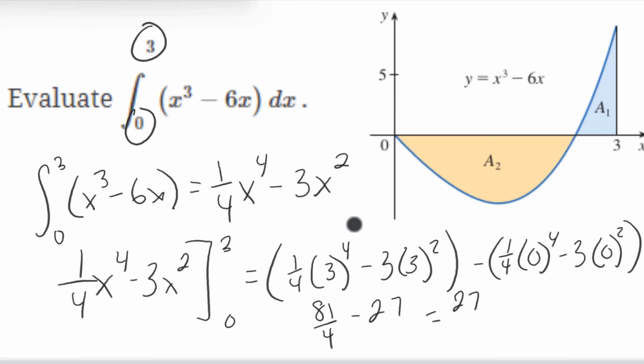So I got negative 27 over 4, which equals exactly 6.75. And it's negative. Does that make sense?